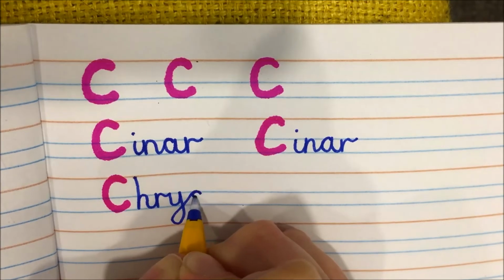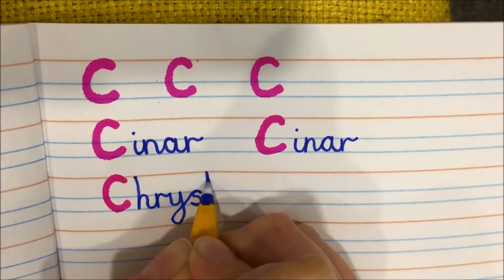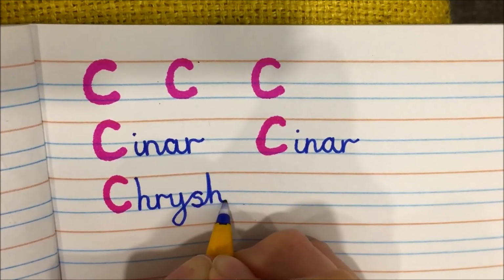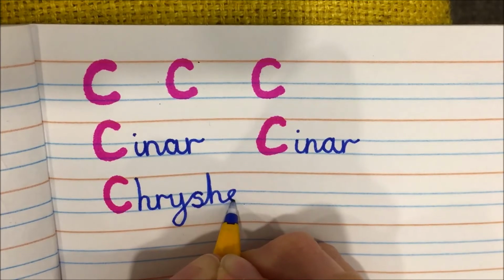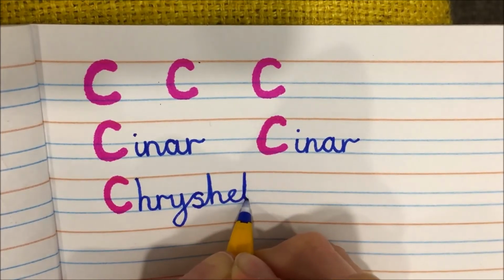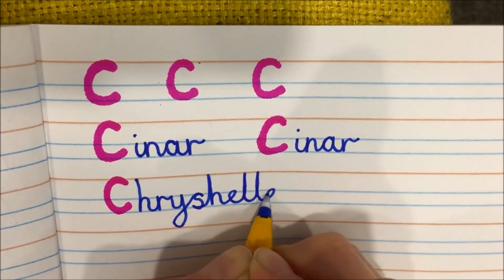Snake's head, back round down its body. Then H again, up to the top, down to the bottom, and then over. Then we're going into our E. And then two L's, they're ascenders, they touch the top red line. They should be the same height as the H. And then we end with an E.